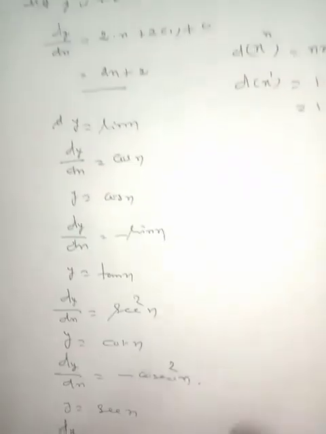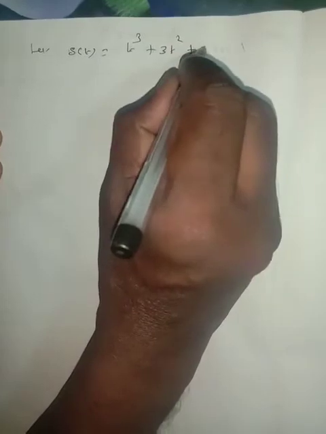Okay, now in this, the particle moving along any one side, s of t is equal to t to the power of 3 plus 3t square plus 4t plus pi is given. This is length.